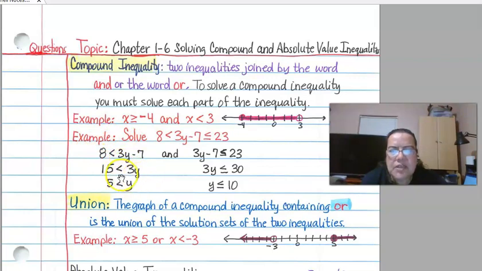If I divide both sides by 3, you end up with y being greater than 5, or 5 less than y. Then on this side, we moved the 7 this way and you end up with 30. So 3y is less than or equal to 30.